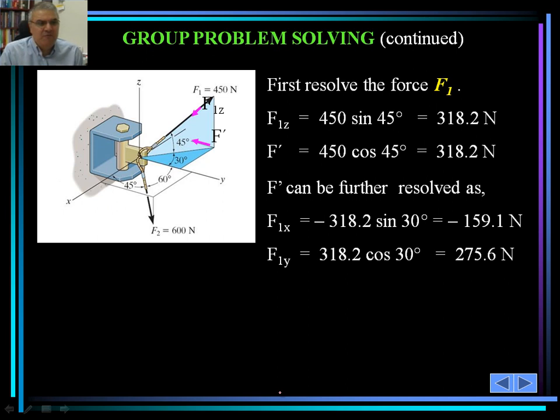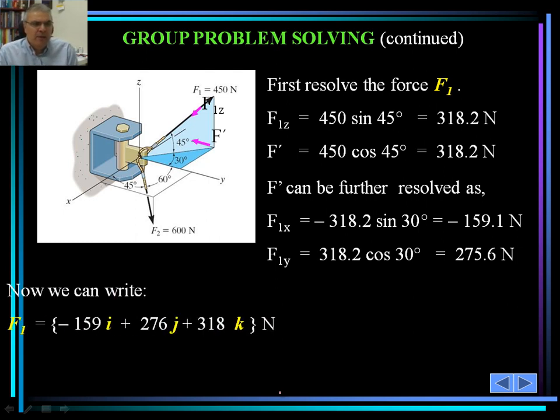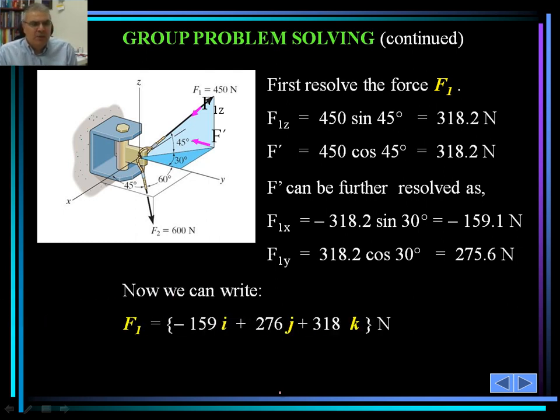F prime is 450 cosine of 45 degrees. F prime can be further resolved into F sub 1x and F sub 1y using the sine and cosine appropriately of the 30-degree angle.